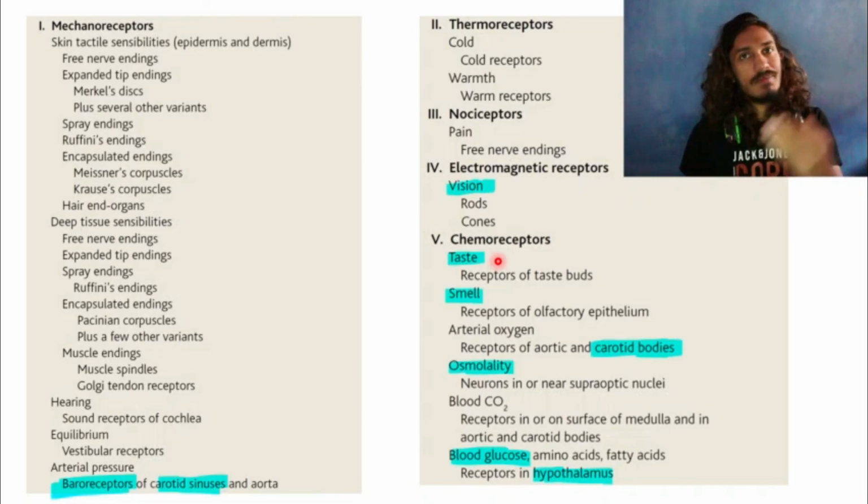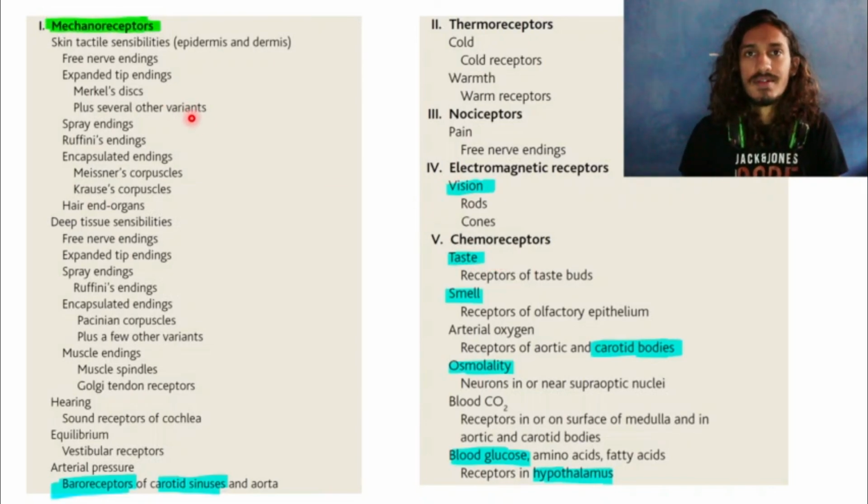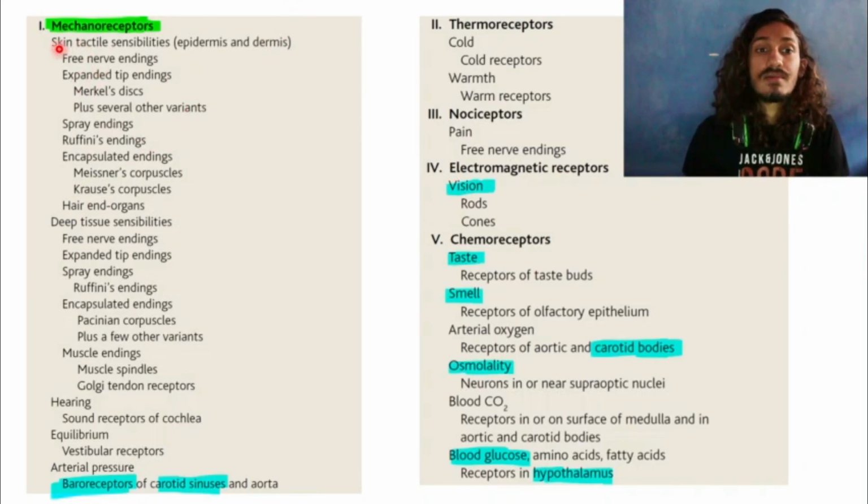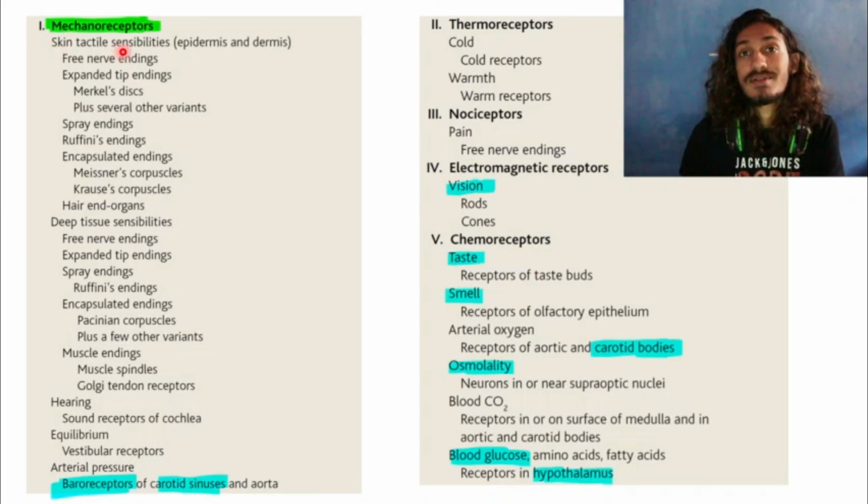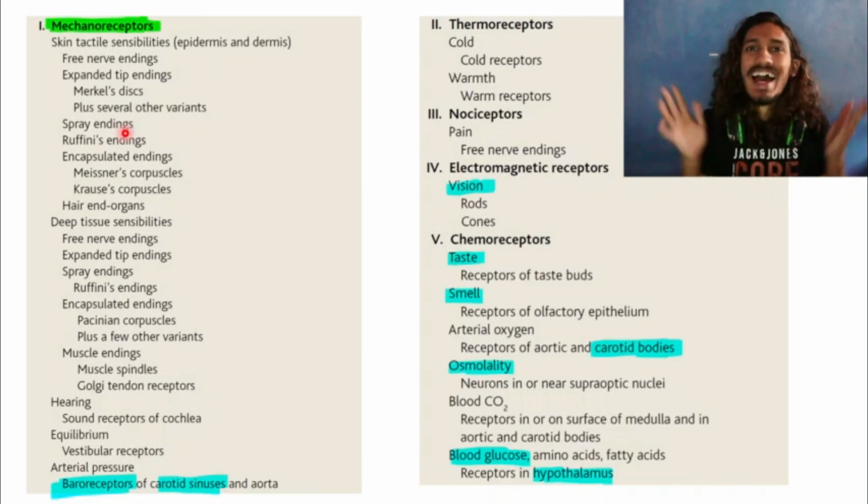So let's just come back to this again. To recap, we have your mechanoreceptors. We went through the whole list of it. We understood the various tactile sensibilities: the Meissner's corpuscle, the Merkel's, Ruffini's ending, Krause corpuscle. Compared to earlier, I hope right now when you look at this, you have a better idea of exactly what they're doing.